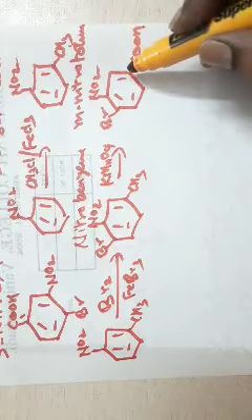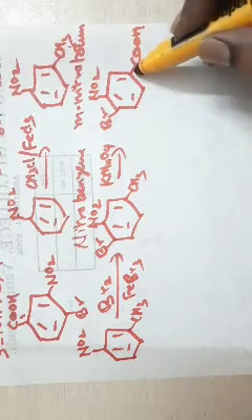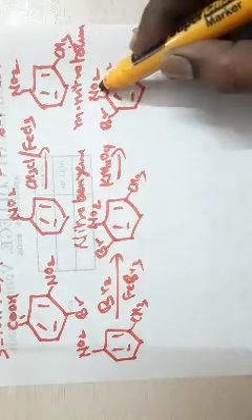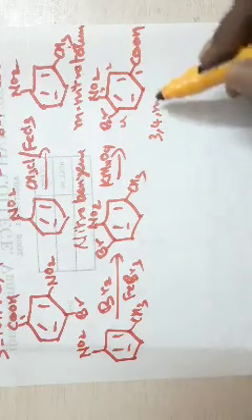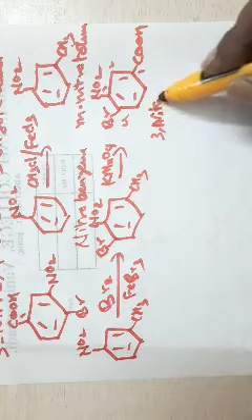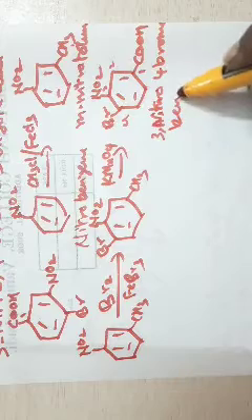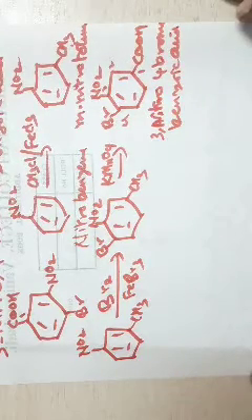Now if we give the numbers, it is position number 1, benzoic acid, 2, 3, 4. So this is 3-nitro, 4-bromo benzoic acid. 3-nitro, 4-bromo benzoic acid.